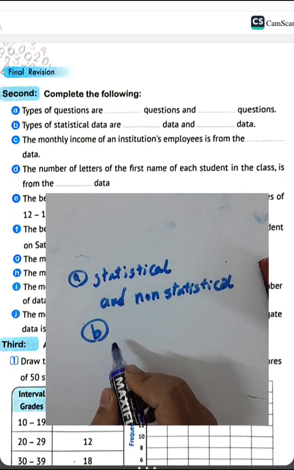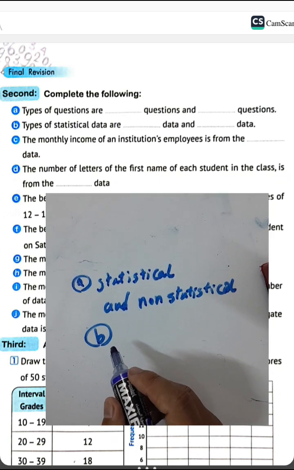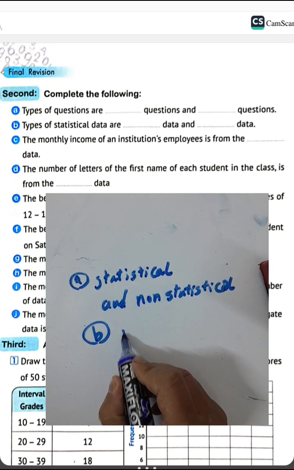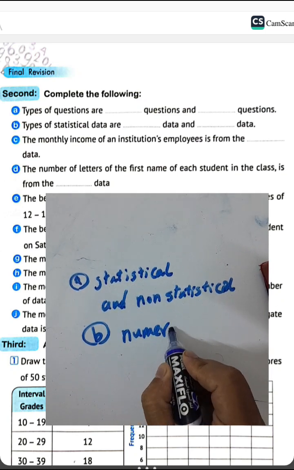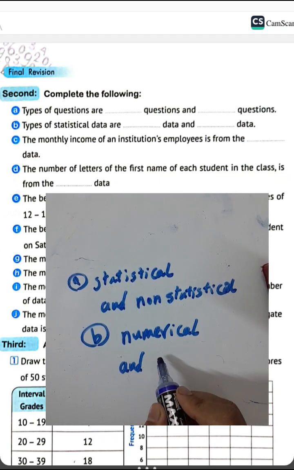Letter B, types of statistical data are numerical and categorical. Right here, numerical data and categorical.